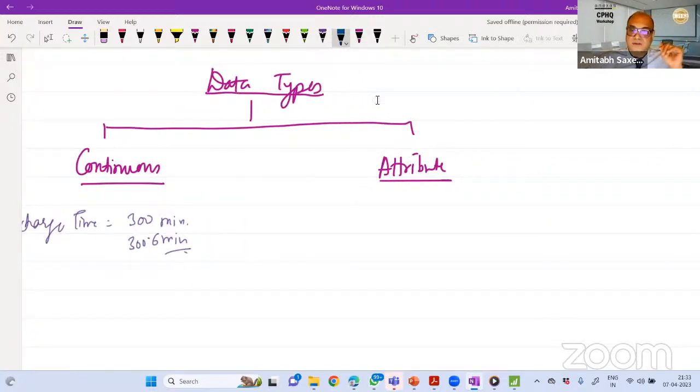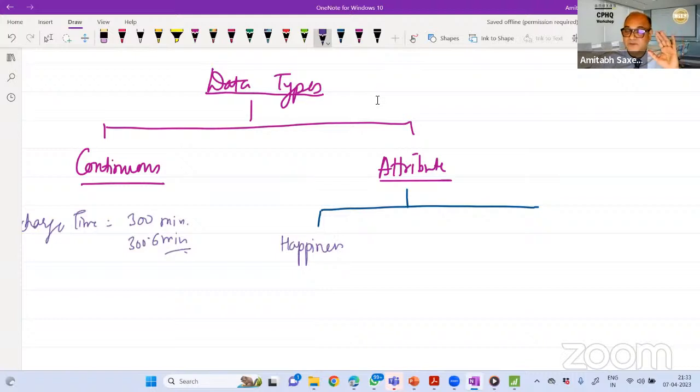Attribute data is something which we feel is difficult to measure. Let's say happiness. Now, to measure anything, I'm giving you a trick, because a lot of you might be involved in developing KPIs.